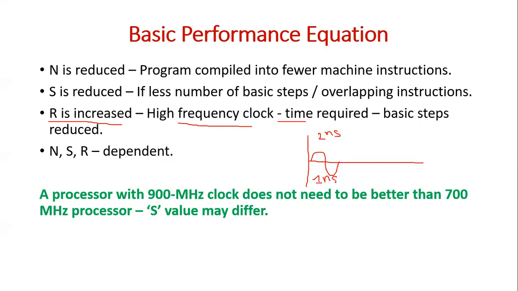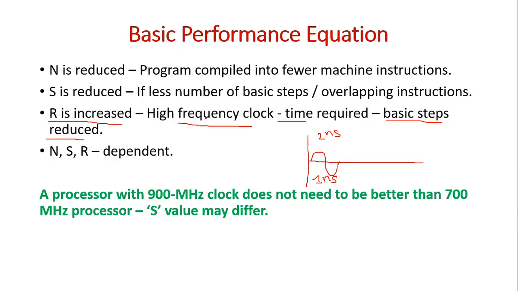If you make it 1 nanosecond, the meaning is one basic step should be completed in 1 nanosecond. Because how do we define a basic step? A basic step is one which takes only one cycle to complete. If you are able to do a basic step in 1 nanosecond, then we can increase the clock frequency. Otherwise, you cannot.